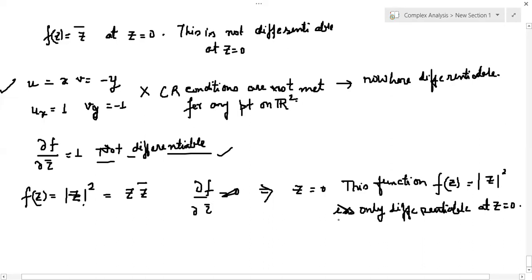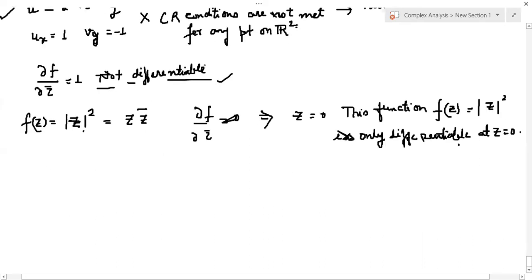Another thing, let us just think about this particular thing that I am writing right now. Let us consider a polynomial.